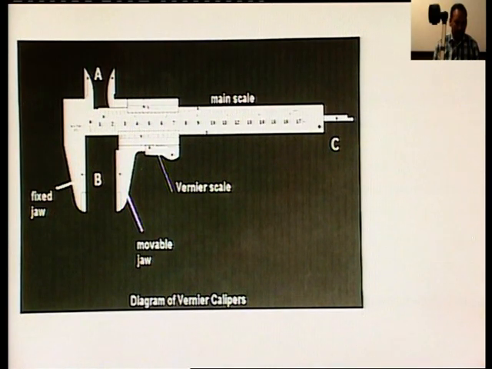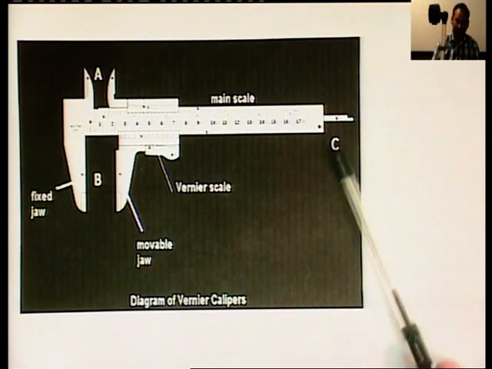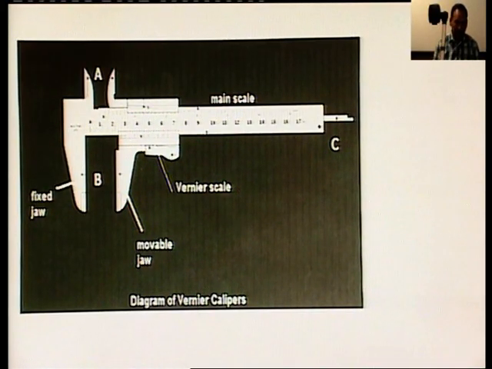And a third part of the vernier caliper which is used for keeping the objects to be measured is labeled as C in the diagram. This is the C portion of this vernier caliper. It allows for finding the depth of vessels. So, this C part of this vernier caliper is used to measure the depth of vessels.